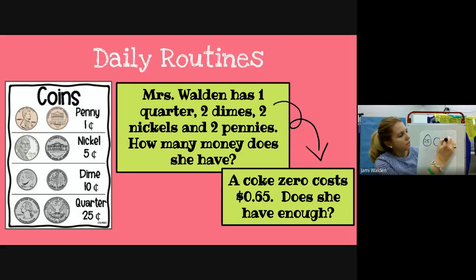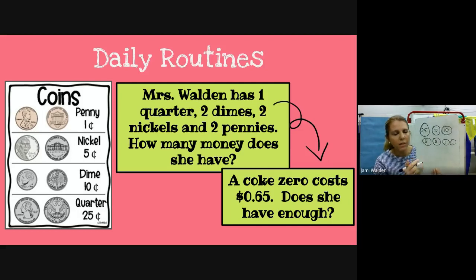How much are dimes worth? 10 cents. I'm going to label them with 10s. 2 nickels. How much are nickels worth? 5 cents. I'm going to label them 5. And 2 pennies. What do I need to label those pennies with? Just 1s.